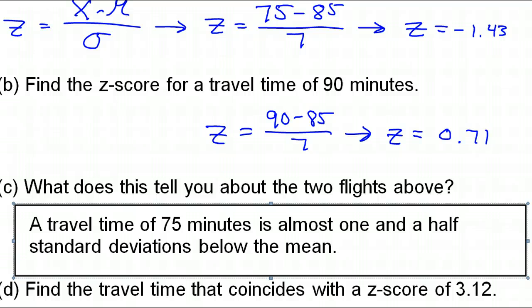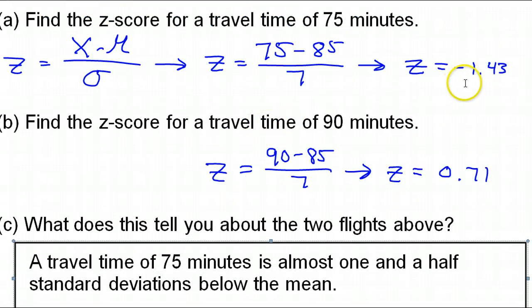So a travel time of 75 minutes is significantly below average, you could say.